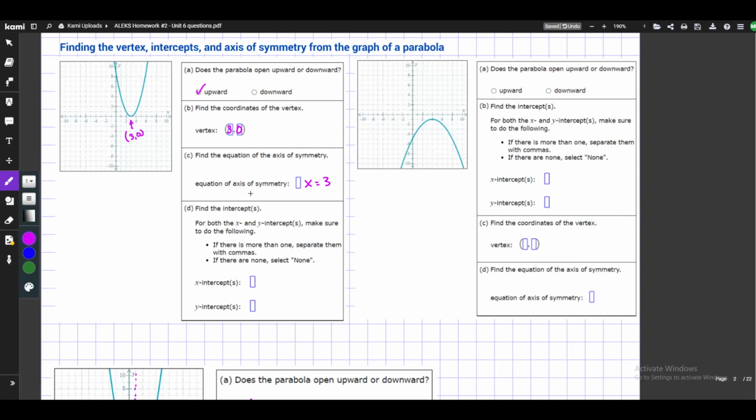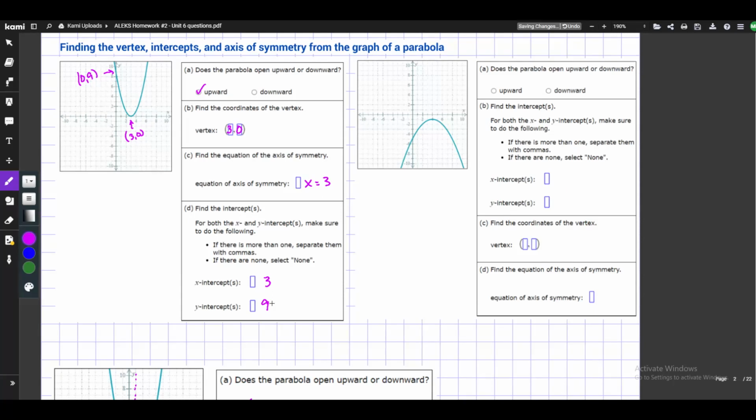The x-intercepts, there is only one, and it is that vertex again. So it is at x equals 3. And then my y-intercept is right here, which is at 9. So the point 0, 9 is my y-intercept, and I would just put a 9 here.